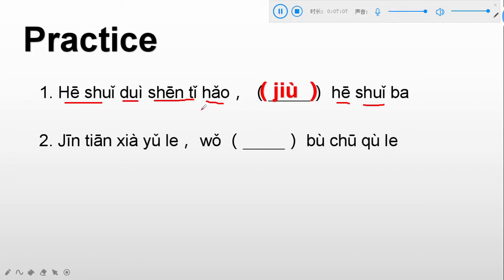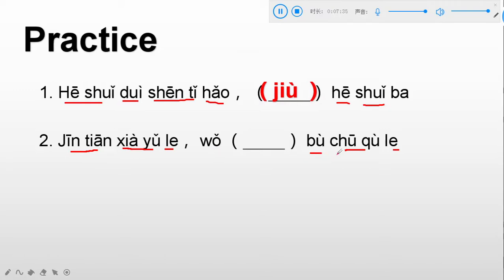Number 2. 今天下雨了，我不出去了。今天 means today. 下雨 means it's raining. 了 means a new change or a new situation happens. So the new change is that the rain is falling. So it's raining today.